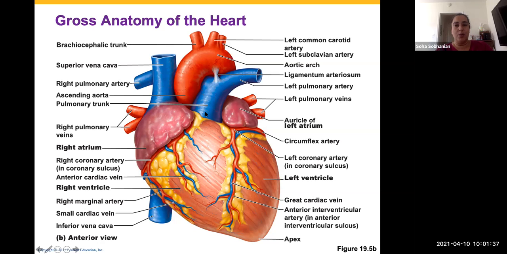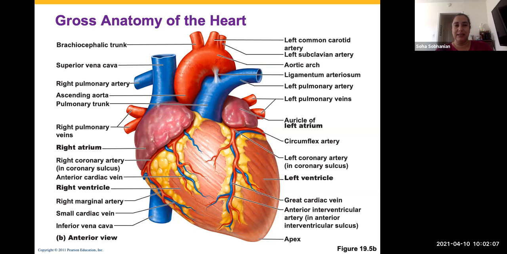Here is your pulmonary trunk, which branches to the left and right pulmonary arteries. Here are your 4 pulmonary veins, right here to right here to right here. All 4, these 2 and these 2, empty into your left atrium, which goes down to the left ventricle. And again, the left ventricle is going to pump the blood through your aorta right here.